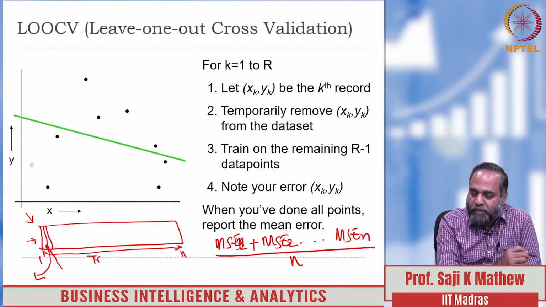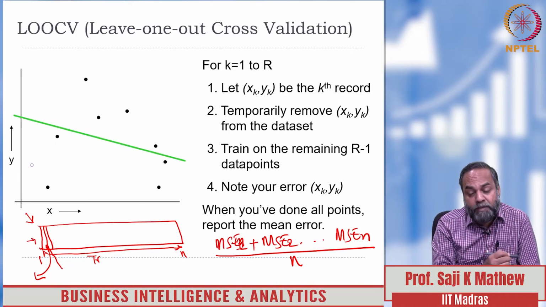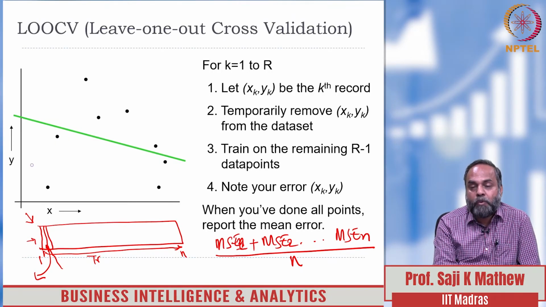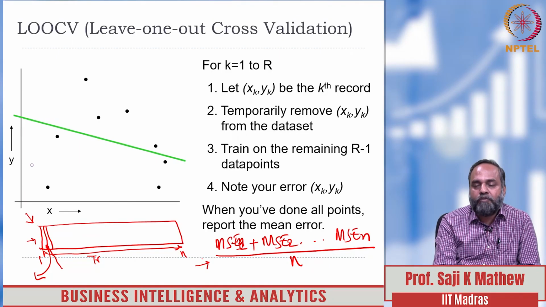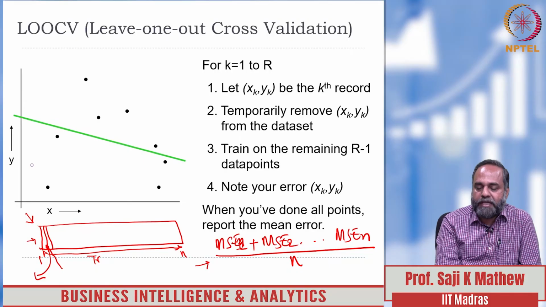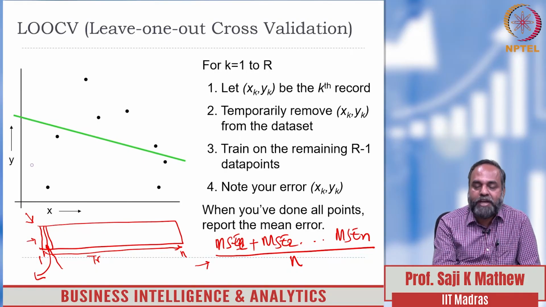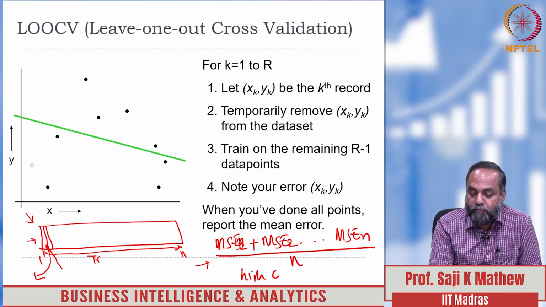You haven't left out any data point for building the model, and you haven't left out any data point for testing the model. It's very exhaustive, and it looks like the ideal approach, so that the final report of your model's performance would be more accurate than randomly selecting training data and testing data. But there is a trade-off here, and the trade-off obviously is the computational cost.